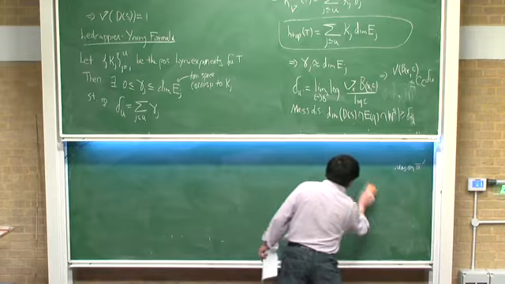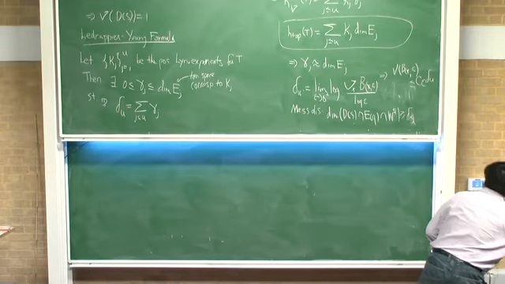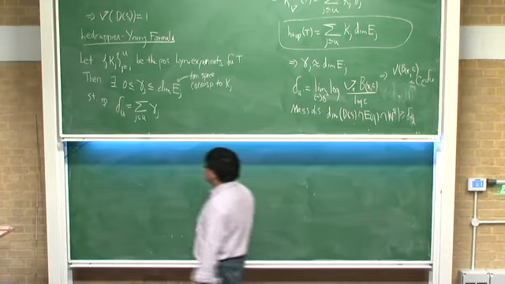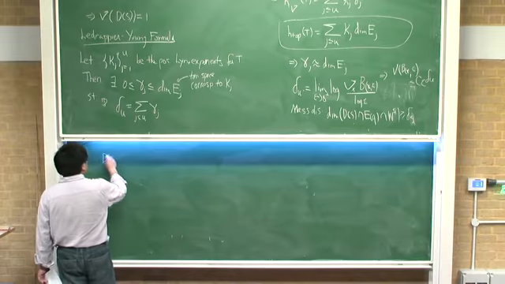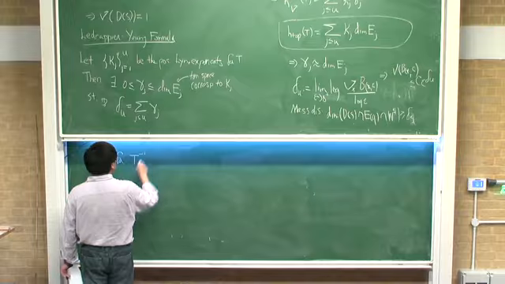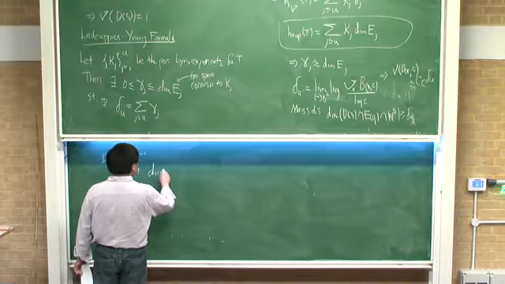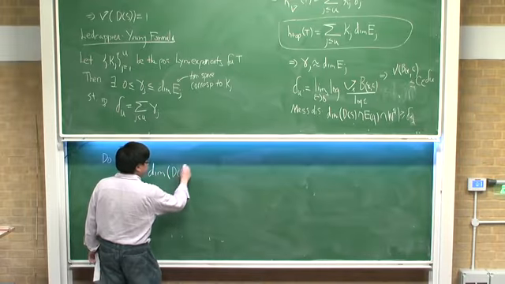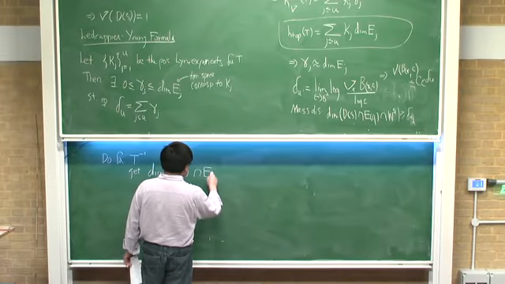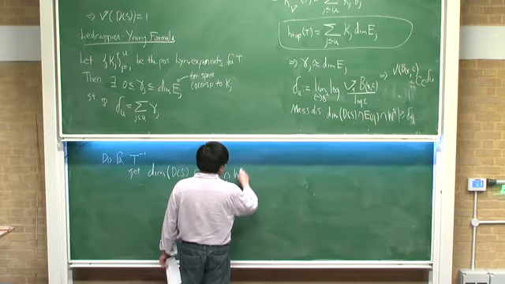Let me write down what I said in words. Do this for the inverse, and you get the dimension of D_S intersect D_Q intersect the stable.